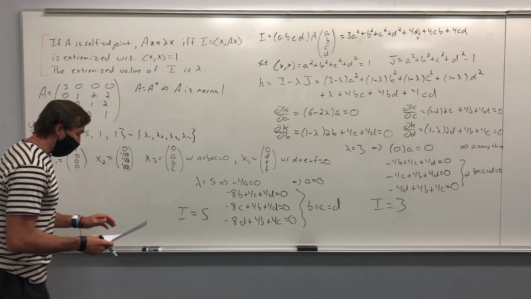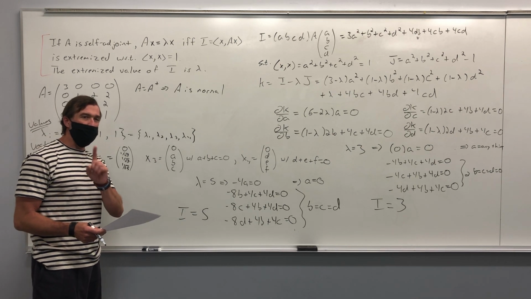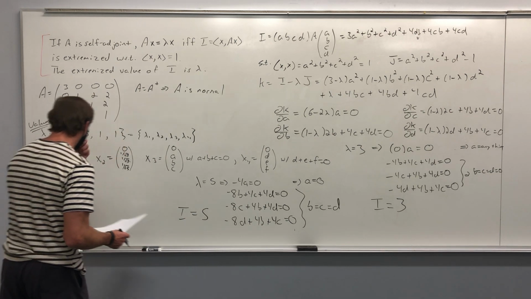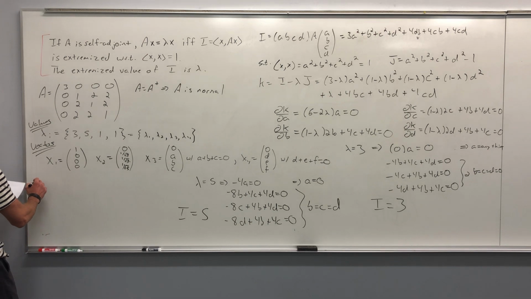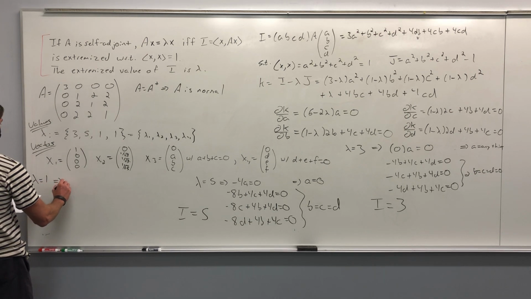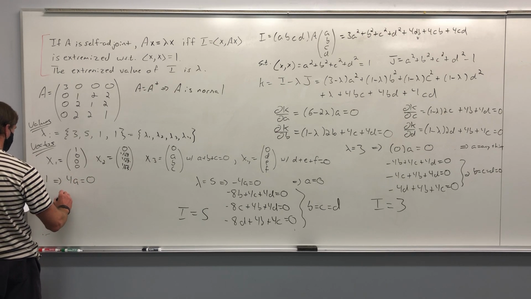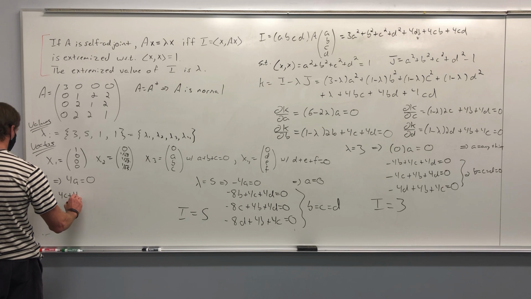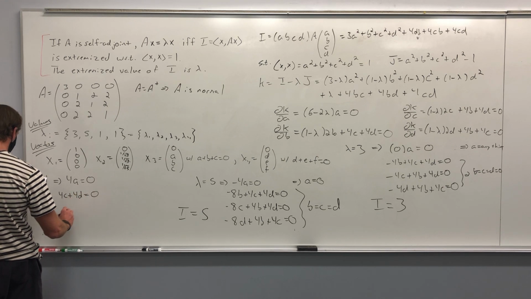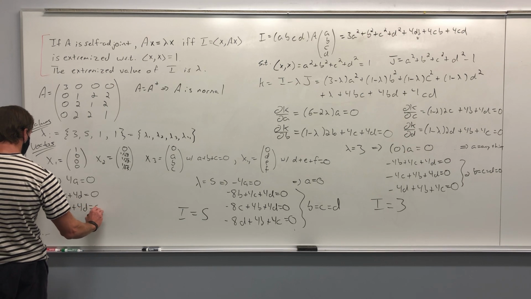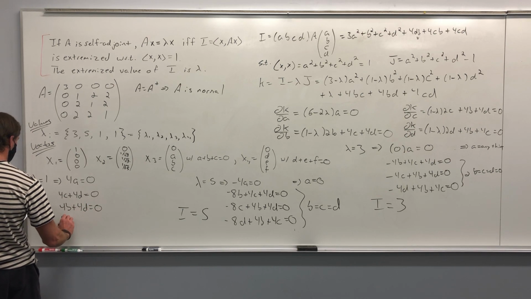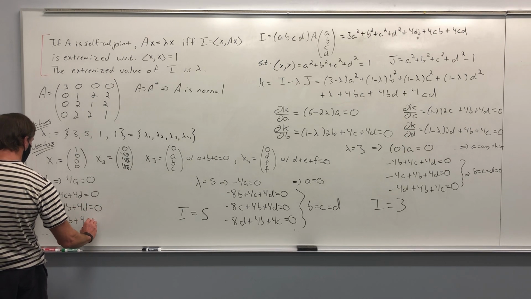Now, very quickly, I'm going to do the last one for a very specific reason. If lambda is equal to 1, then these are the conditions that have to be met: 4A equals 0, 4C plus 4D equals 0, 4B plus 4D equals 0, 4B plus 4C equals 0.